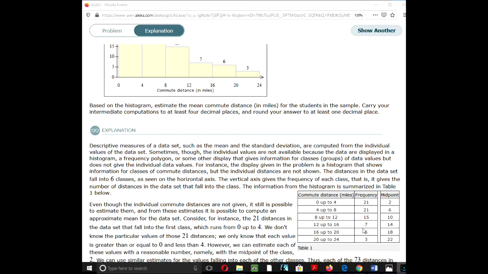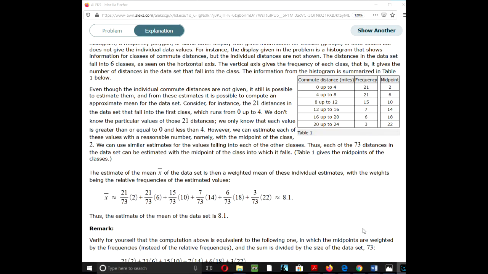In order to come up with the answer, you see this problem is written out with the multiplication and the fraction. However, I did mine a little bit differently. You come up with the same response regardless. What I did was multiply 2 times 21, 6 times 21, 10 times 15, 14 times 7, 18 times 6, and 22 times 3.